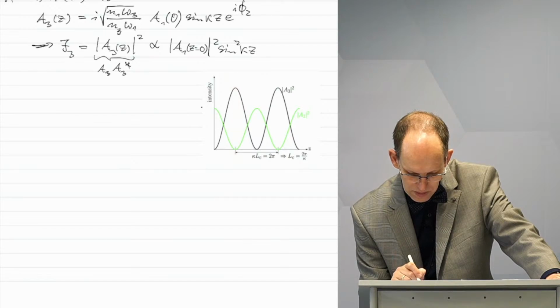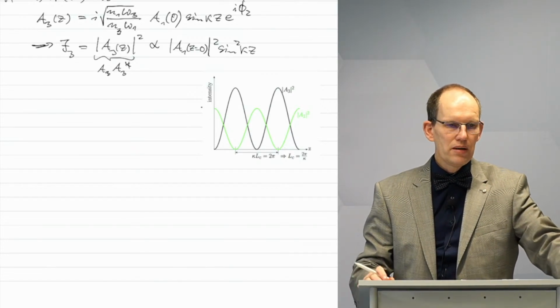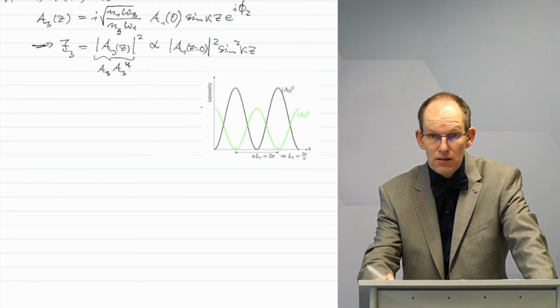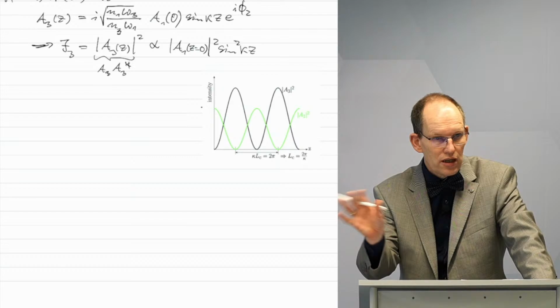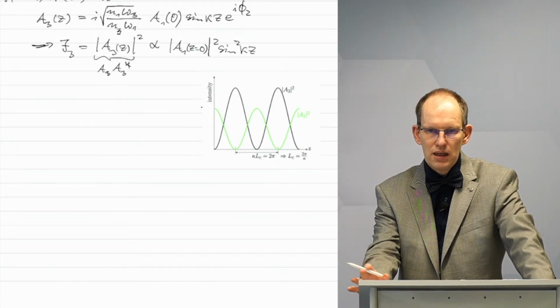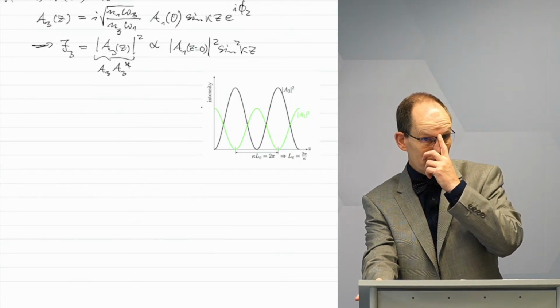So you would make your crystal just this length here and choose the appropriate amplitude for the omega-2 field, and then you really can convert each and every infrared photon into, say, a visible or even a UV photon. Interesting, isn't it?